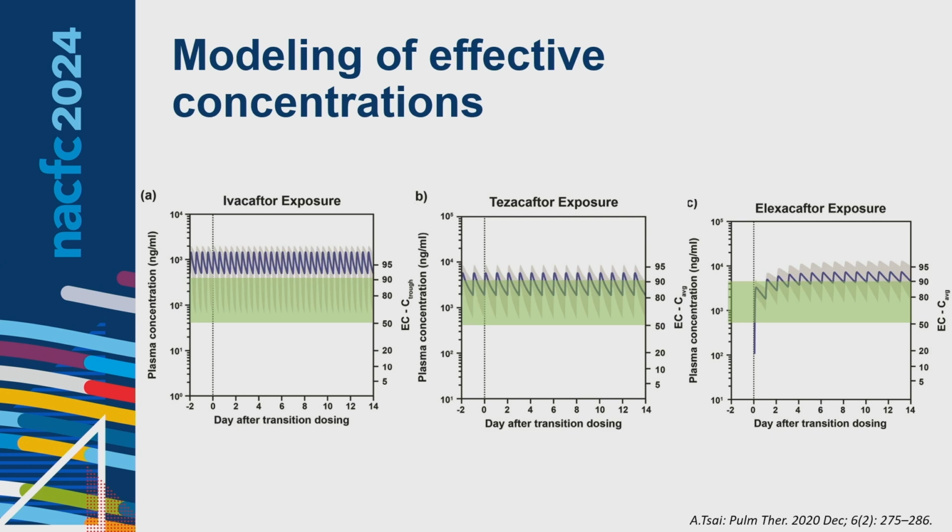As I just mentioned, the goal was to try to keep people's blood concentrations at or above the EC90 to maintain that clinical efficacy. The effective concentrations are marked here in green. You can see by these simulations that by several days after adding elexacaftor to the mix, that goal was achieved. They would anticipate that the vast majority of people would have concentrations at or above the EC90.